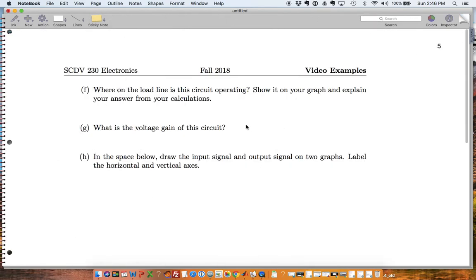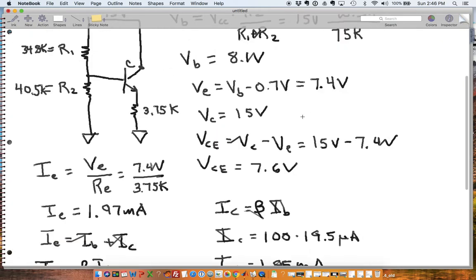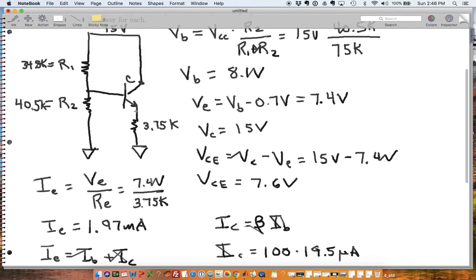Okay, so what is the voltage gain of my circuit? Well, remember that this is an emitter follower, and in an emitter follower my voltage output is right here. That's my V out. Remember that my input signal was right here, a time varying signal that was 1.5 volts peak to peak. The 0.7 drop for the diode was taken care of by my DC voltages, by my voltage divider here.